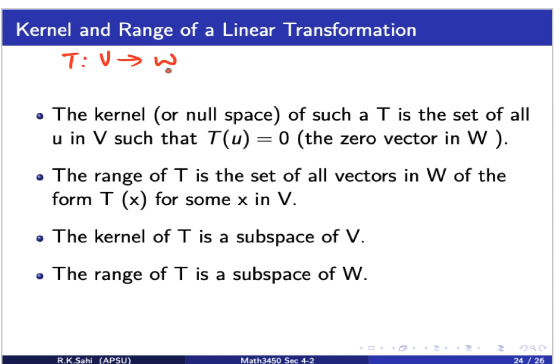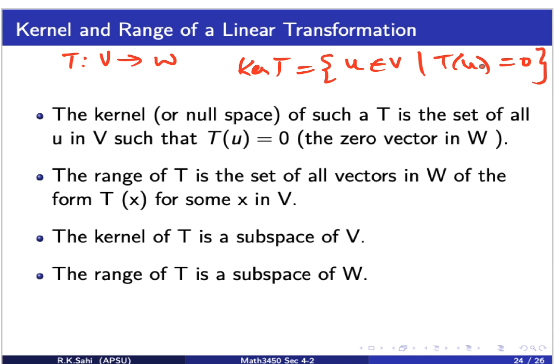Now, kernel of T means the collection of all those elements u in V such that T of u goes to the 0 vector in W. T of u is an element of W, remember that.